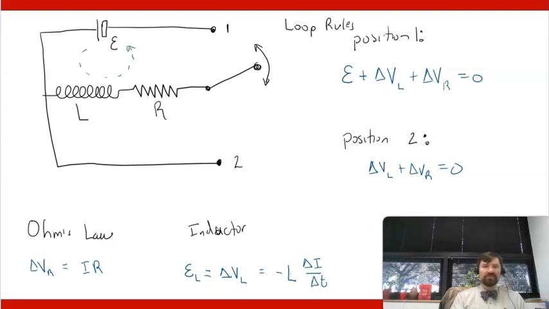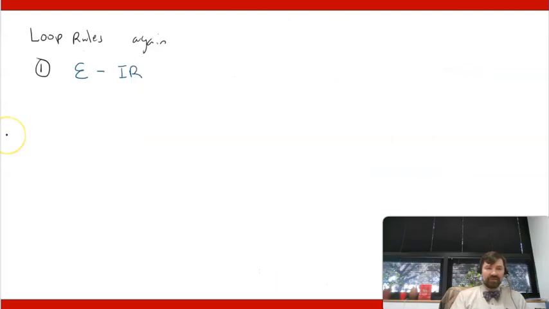So this battery's EMF and this current are kind of opposite signs of each other. Down here, for what it's worth, your current would maybe do like this. In any case, they're going to have opposite signs. And then you also have your voltage drop for the inductor, which is negative L delta I over delta T. And all that is 0.